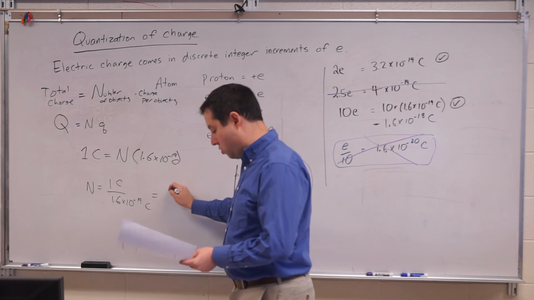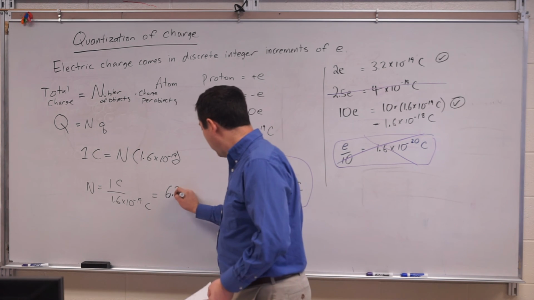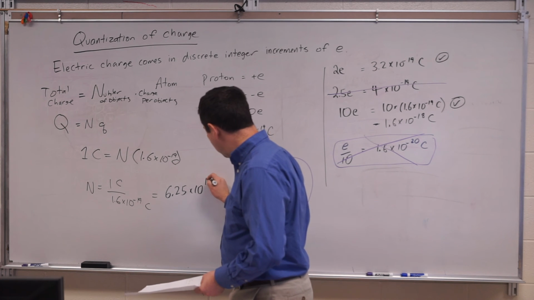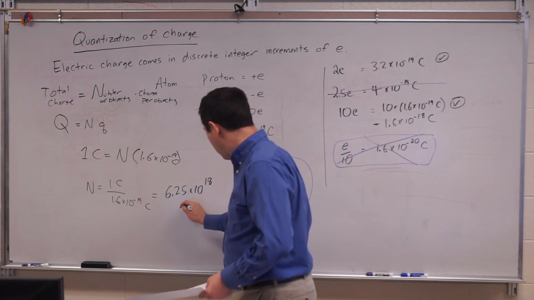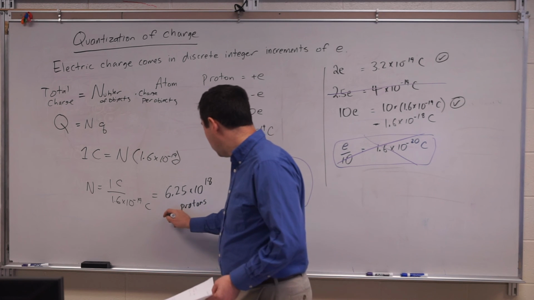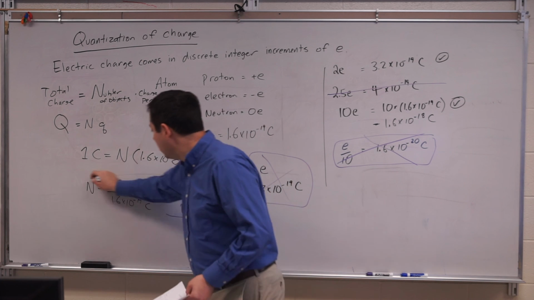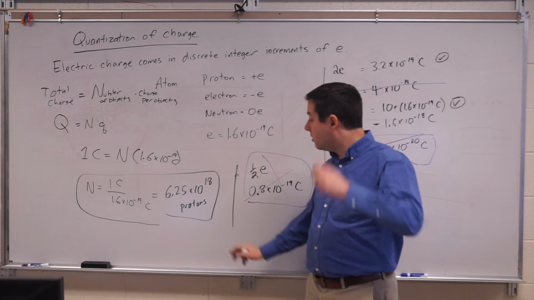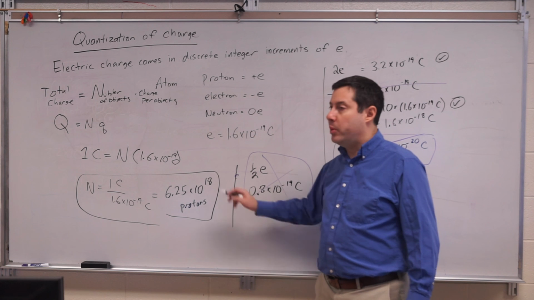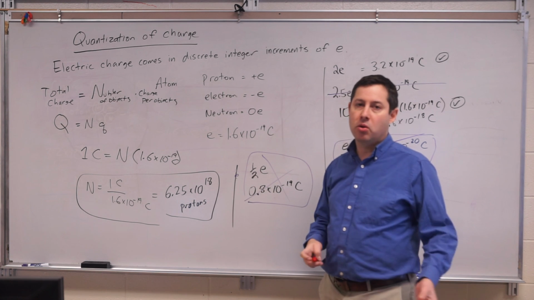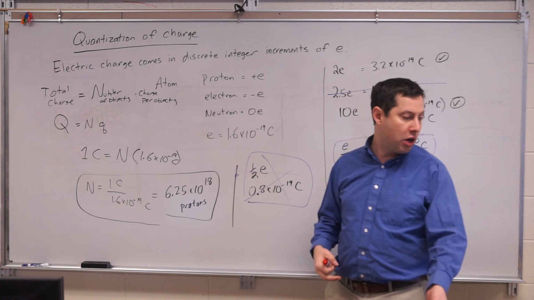And that gets you 6.25 times 10 to the 18th protons. So that is a lot of protons in just that 1 coulomb. There's a lot of charge in there.